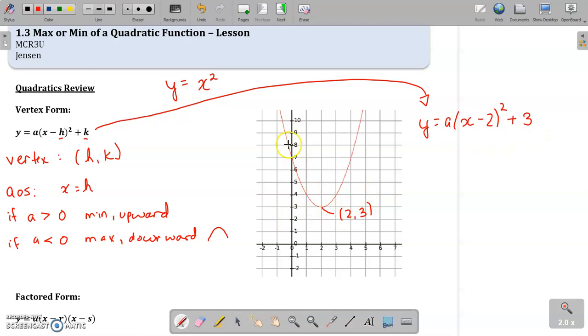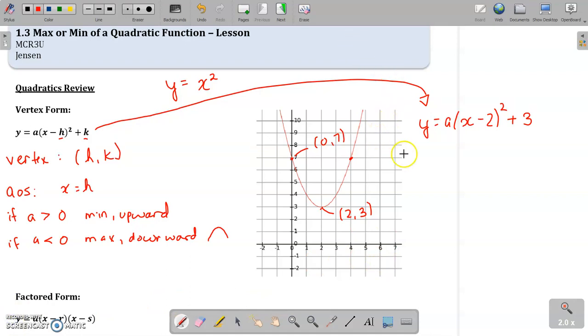Your a is going to be positive because it's an upward facing parabola and there's a minimum point on it. Now in order to find the a value, we find another point on the parabola. We see 2 clear ones right here. We substitute one of them in to solve for a. So for example, this point here we can see is 0, 7.